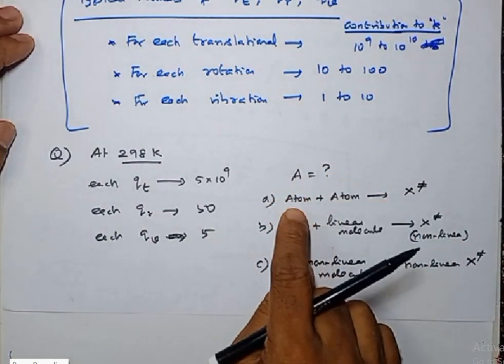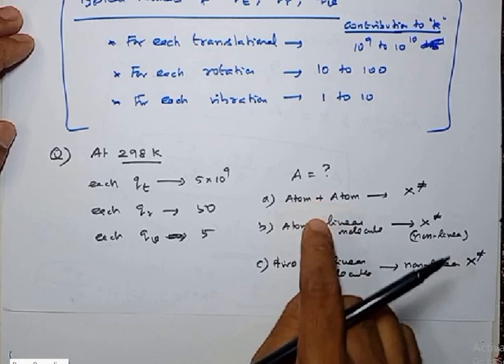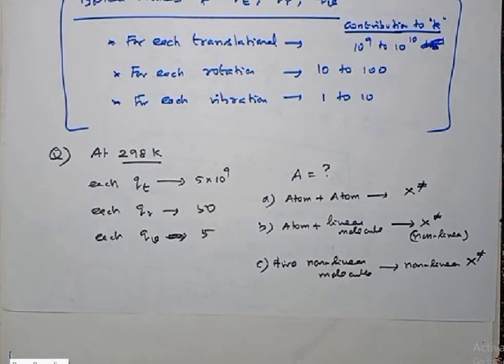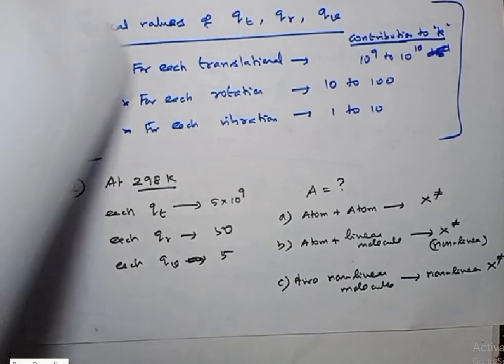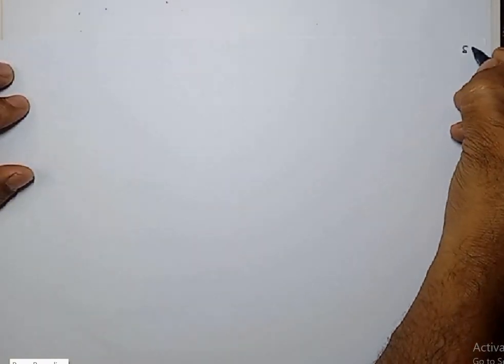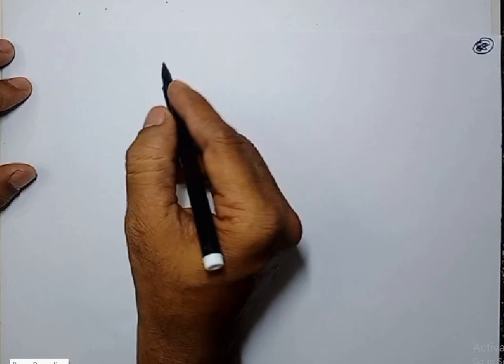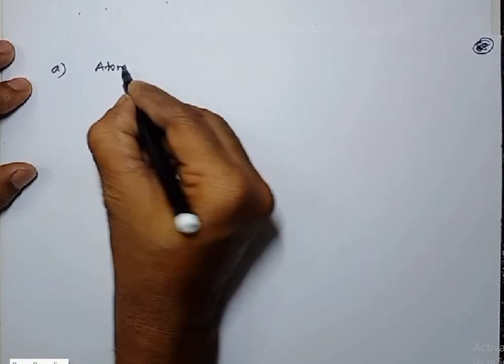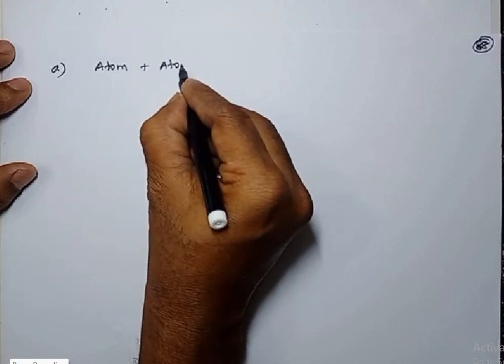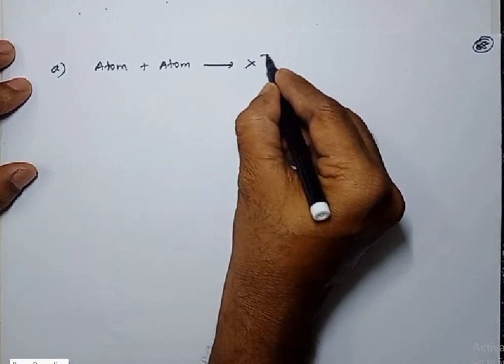How to do? Let us start with reaction 1. I'll just show you how to do this. Very easy, but you should know the methodology. The first reaction is atom plus atom. One atom combined with another atom forms an activated complex.